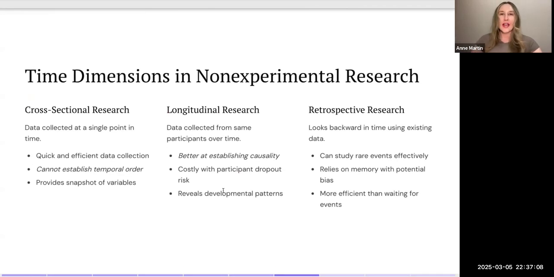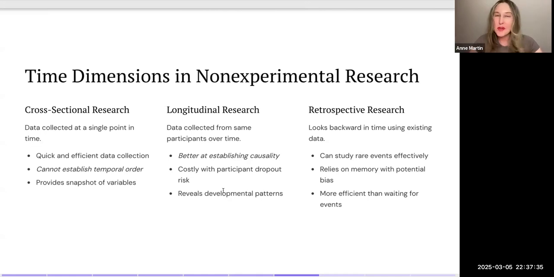So when designing non-experimental research, there are two dimensions to consider. One is the time dimension, and then the other is related to the overall purpose. So in thinking about time, there's some benefits and some weaknesses to different time approaches. So one is cross-sectional research. This is when the data are collected at a single point in time.